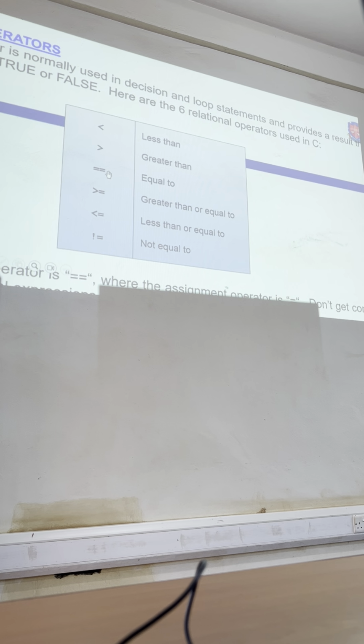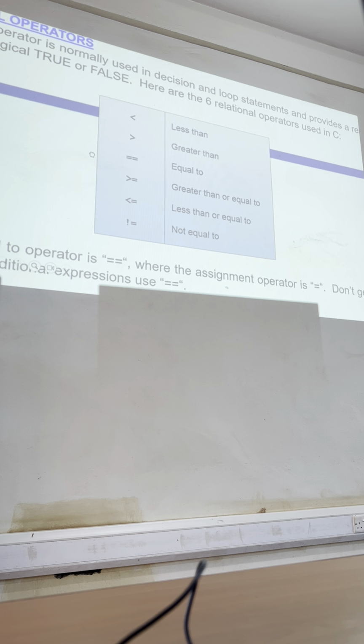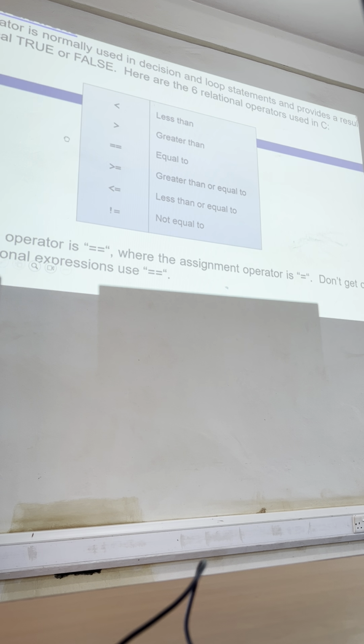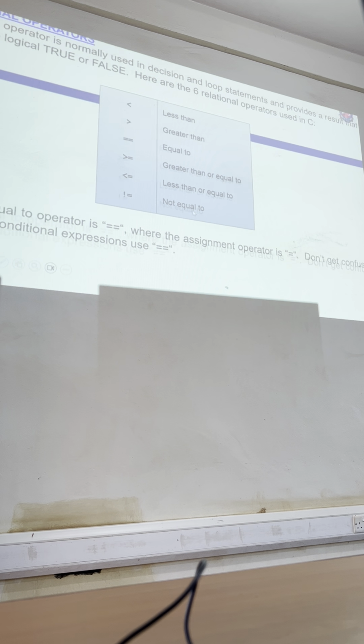You're doing a comparison, you're checking if A is equal to 3. So in that if else statement there, when we're checking if something equals something, you use two equal signs and not one equal sign. I normally ask this in your first test, and every single time at least about a quarter fail. So you have less than or equal to, you have not equal to as well there.